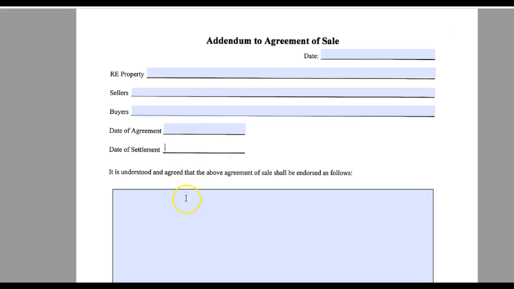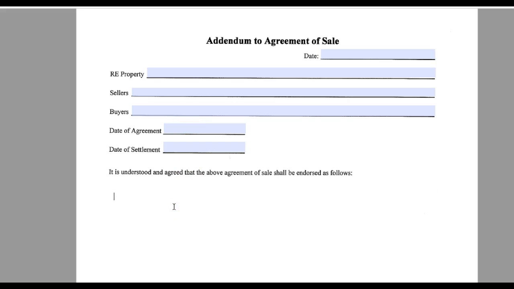Now, sometimes this addendum will be something like the settlement date will be revised from, let's pick a date, August 15th to August 30th, and you would also put in the year, 2000-whatever it is.